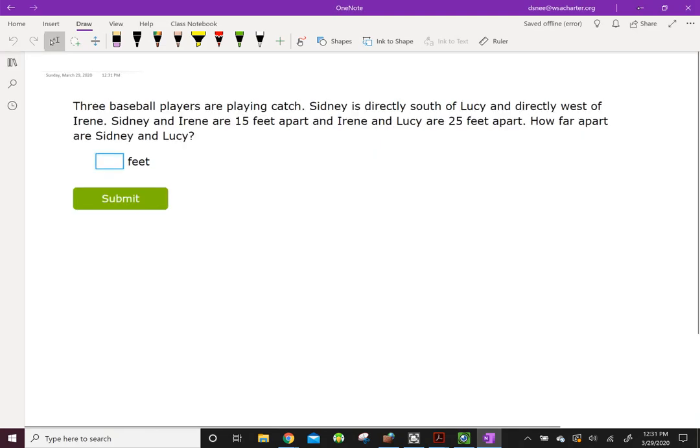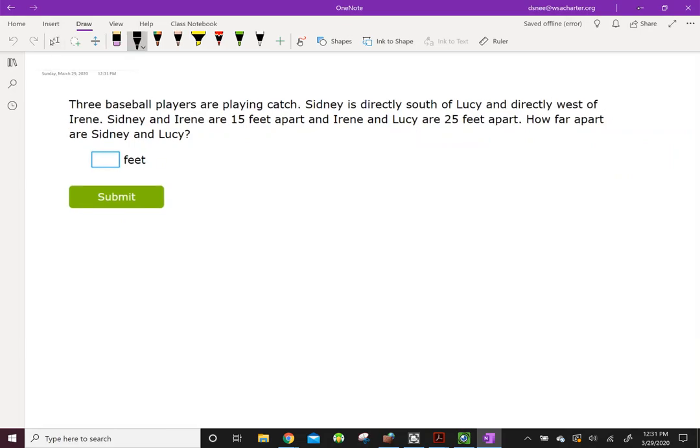Three baseball players. Sydney is due south of Lucy. So Lucy and Sydney. Sydney is directly south of Lucy and directly west of Irene. Let's see. North, south, east, west. Just drawing this out. Directly west of Irene. Sydney is west of Irene.